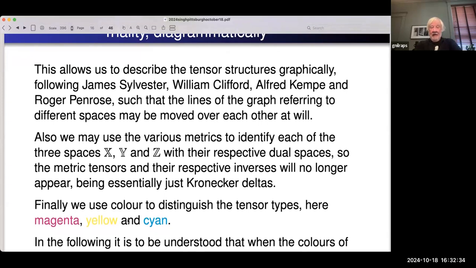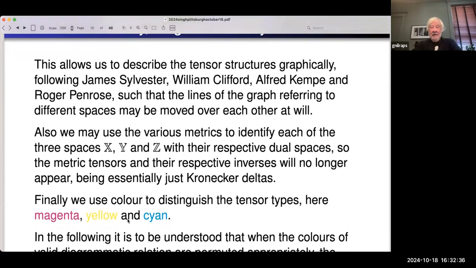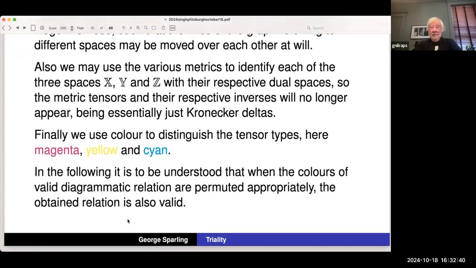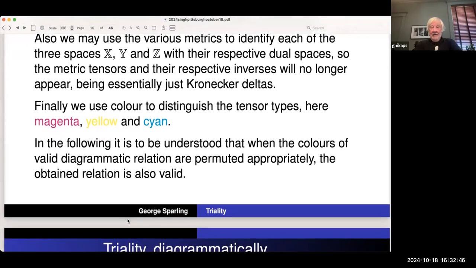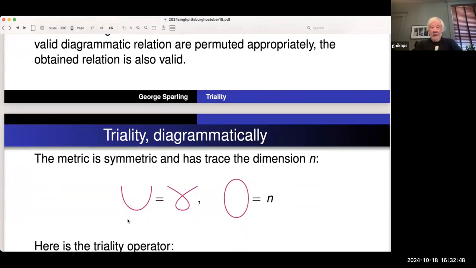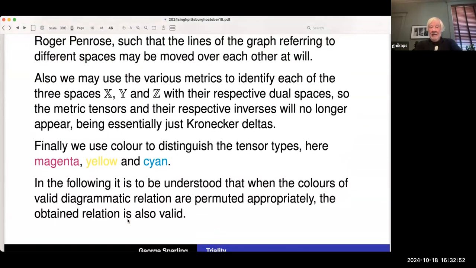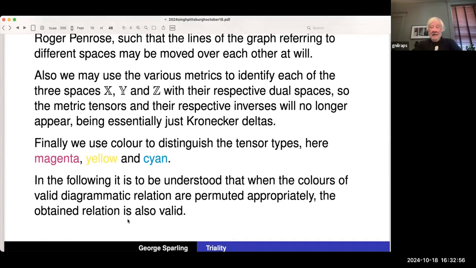Because of that, we can do everything diagrammatically. And the three tensor types, I'm going to just use colors to distinguish them. So we've got three colors, and for every formula that I write using one particular color, there'll be a corresponding formula in the other colors.